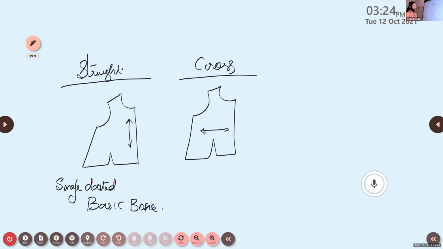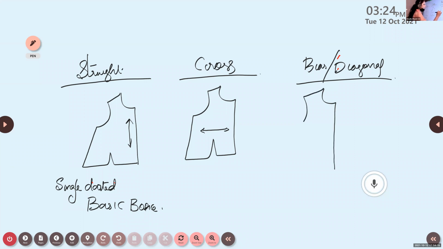If it is bias or diagonal, then the grain line will be like this. So straight, this is a grain line.